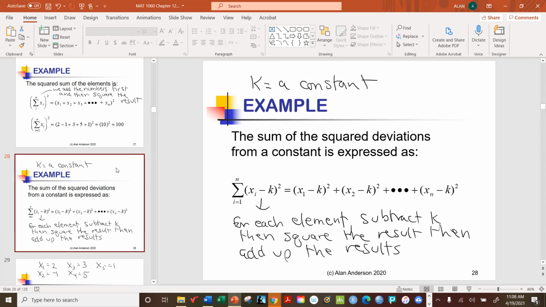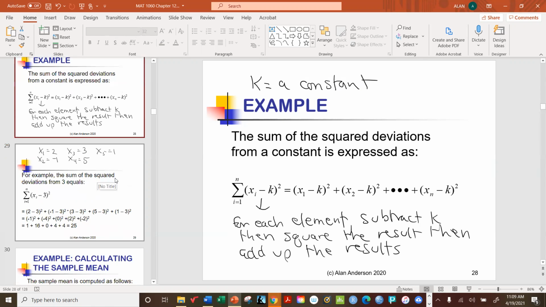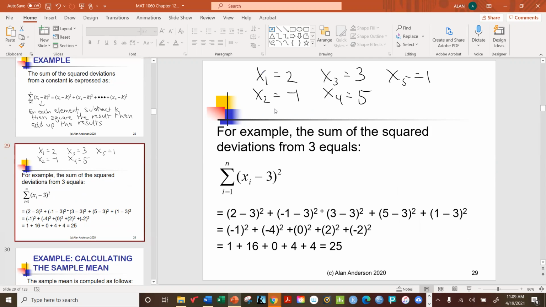All right, so let's look at an example. We'll take the sample we had earlier and we'll do the following. Okay, so I've repeated the sample data that we had before. And what I want to do is in each case subtract 3, square the results, and then add them up.